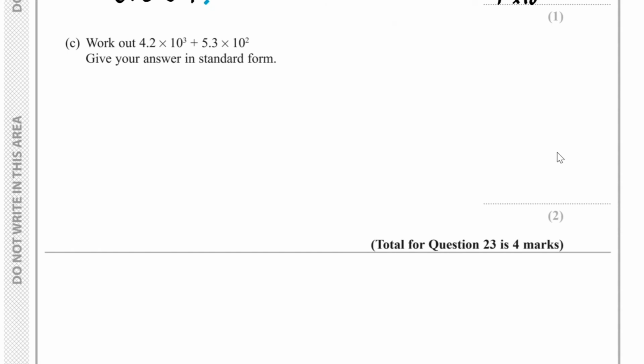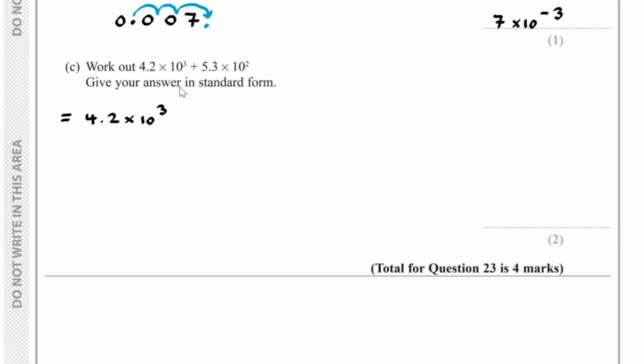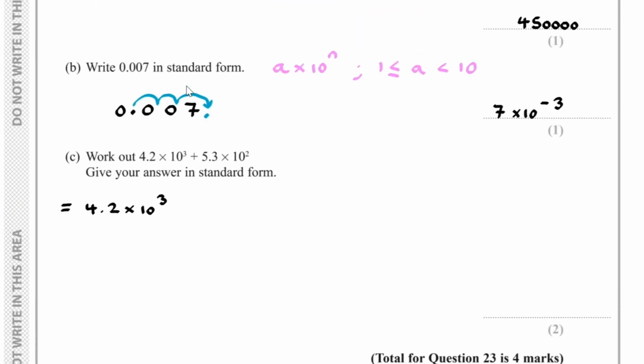And now we have to work out 4.2 times 10 to the 3 plus 5.3 times 10 to the 2 in standard form. Well, I've got this 4.2 times 10 to the 3, that's already in standard form. And my final answer needs to be in standard form. Now, we can change this 5.3 times 10 to the 2 such that I've got something times 10 to the 3, because then it becomes easy to add.